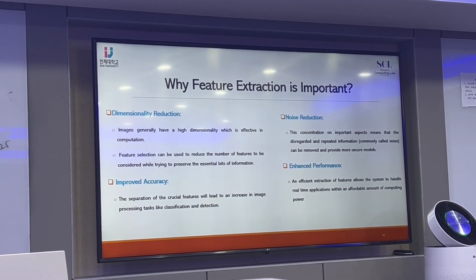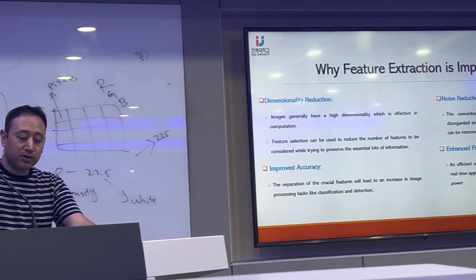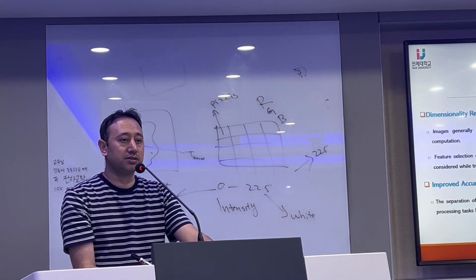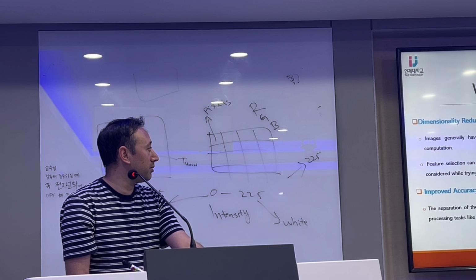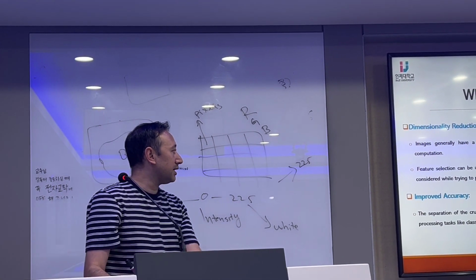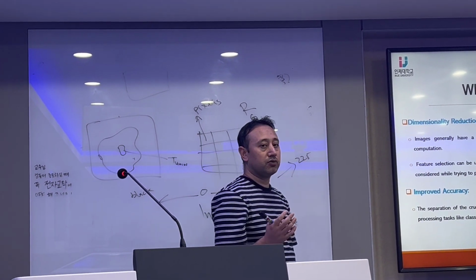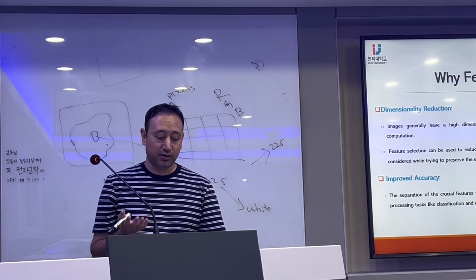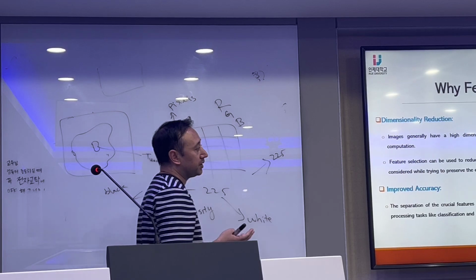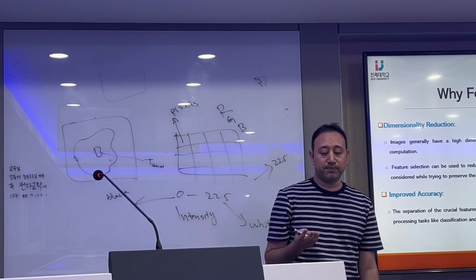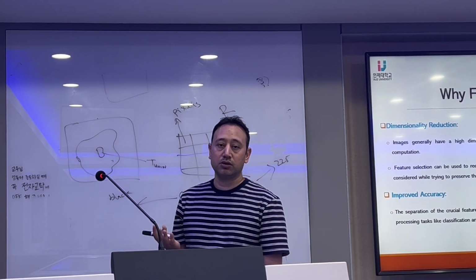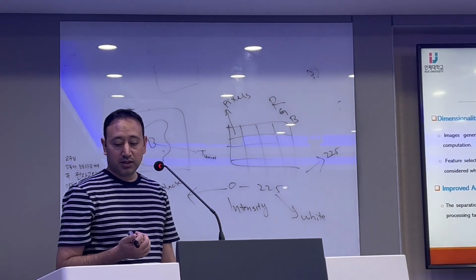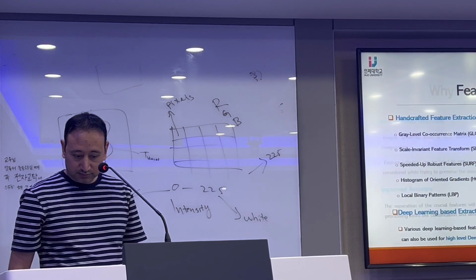It focuses only on the more relevant features, and intrinsic features can be extracted using dimensionality reduction. It helps increase the performance of your model. In other words, the accuracy will be higher, and it also helps reduce noise. Using denoising autoencoders, you can reduce the noise from your data and also enhance performance.